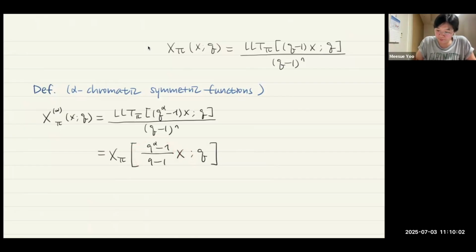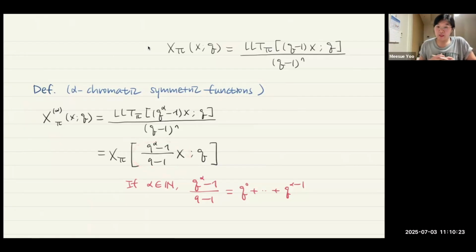And if alpha is a natural number, then this vector is just a summation of Q to the 0 through Q to the alpha minus 1. So what this means is you're extending the set of variables to the ones with the Q weights. So you have the X variables, and then with Q weight, and then Q squared, and so on up to Q to the alpha minus 1.